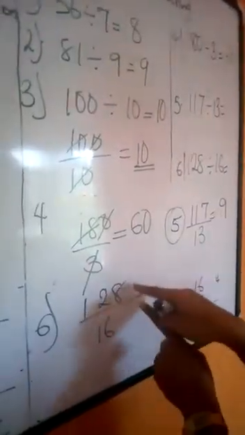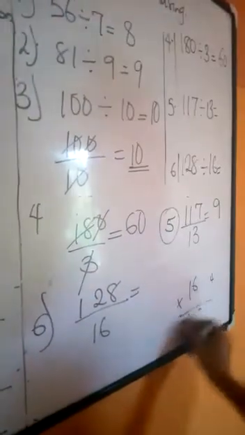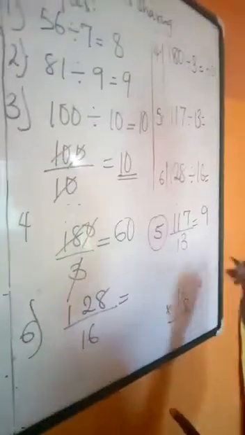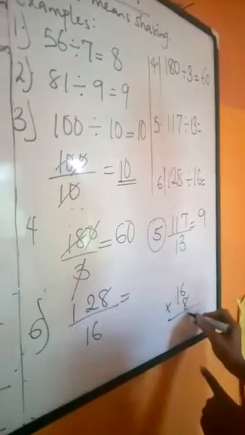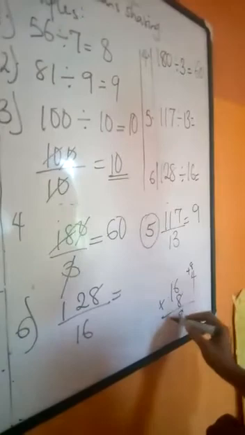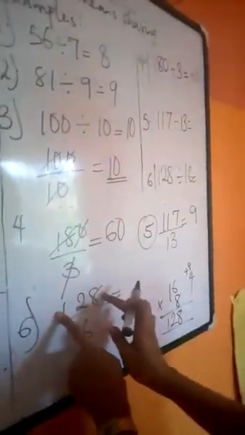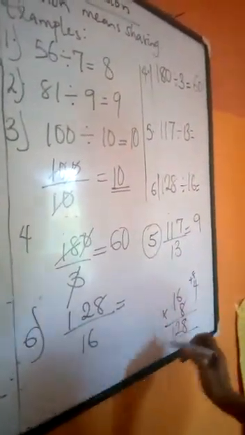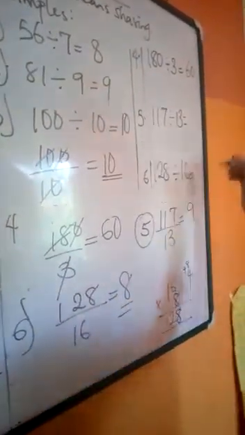Okay, you see the difference is still far from 128. So I will introduce another number that I will try out with 16 to see if I can get my figure. I'll try 8, a higher number. 8 times 6 is 48. Write 8, carry 4. 8 times 1 is 8. 8 plus 4 is 12. So you see that I've gotten the figure that I'm looking for. So that means that 16 times 8 is 128. 128 divided by 16 is what? 8. So 8 is my answer.